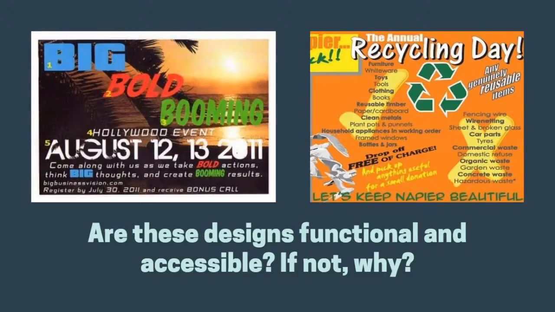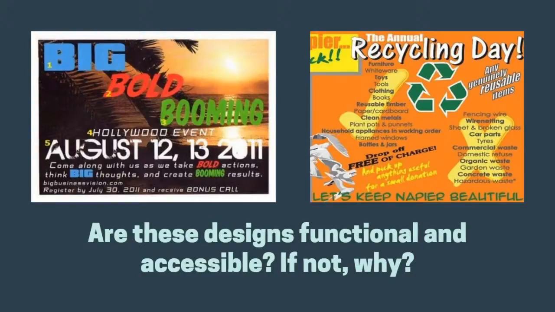Another thing that you might notice is the way that these designs layer their text over images, making it harder for the viewer to read those images. And another thing is the choice of color. On the Hollywood event, it seems to be a beach event.